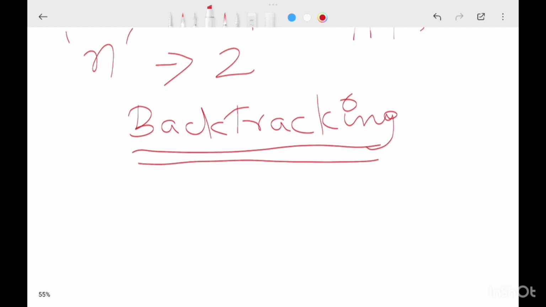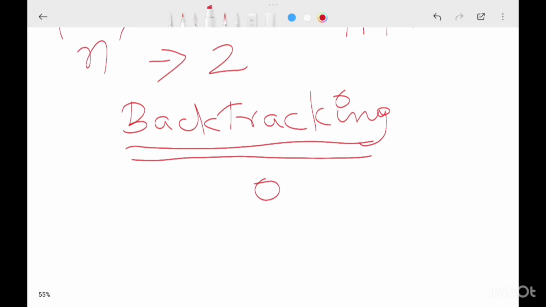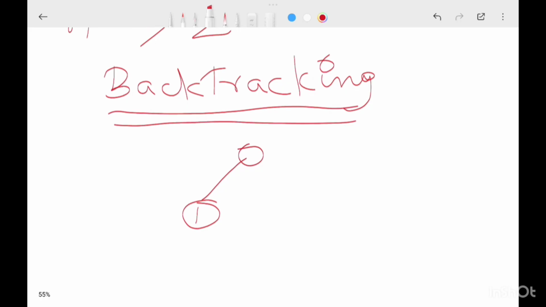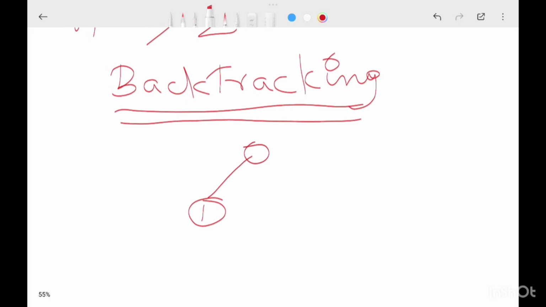We start from some initial state, and from this initial state there are several possible next states. We will move to any one possible state, and then from that state we will check whether this is a feasible state or not, whether this state satisfies our constraint or not.